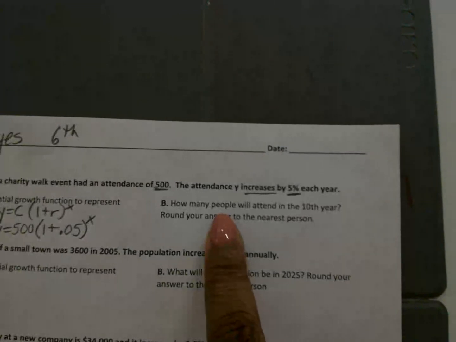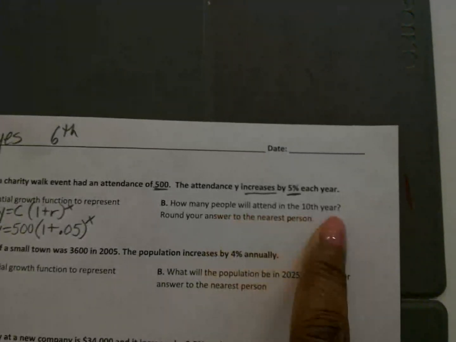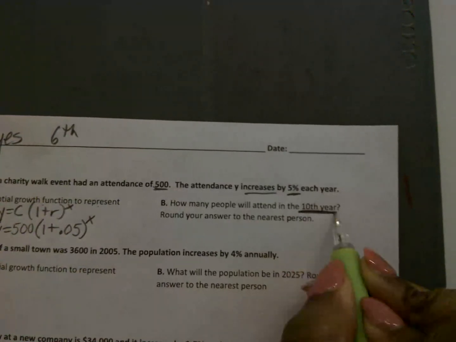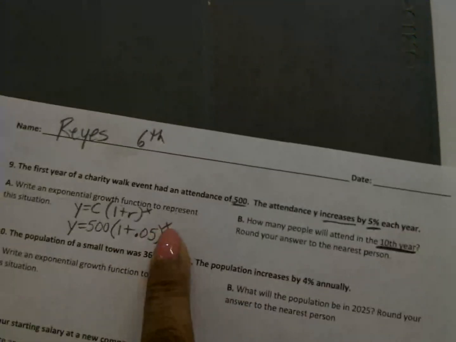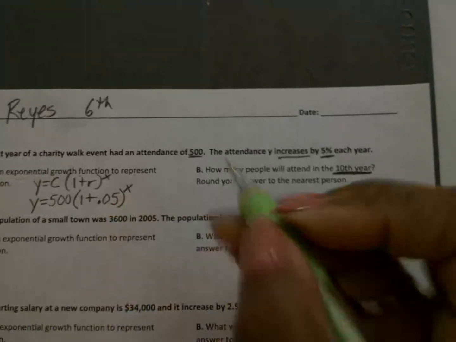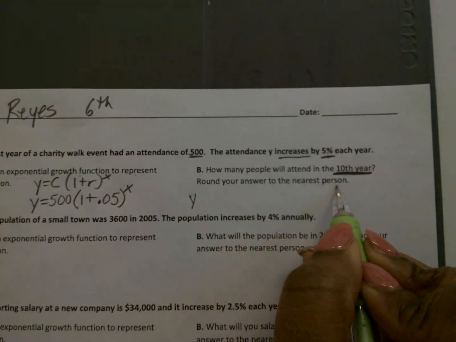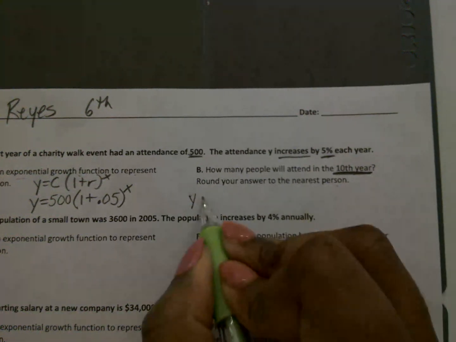B, how many people will attend the 10th year? Here your x, the years, is 10. So you replace it. And remember, to the nearest person, so no decimal. So you're going to round.